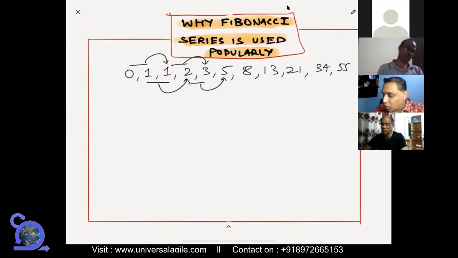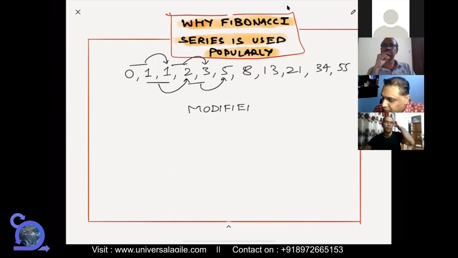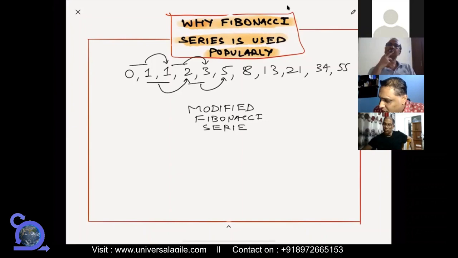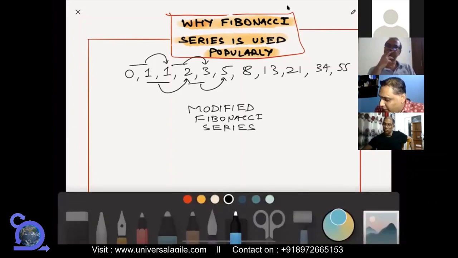Okay. So actually, what we do in Agile is, instead of using Fibonacci series numbers, we use a modified Fibonacci series.